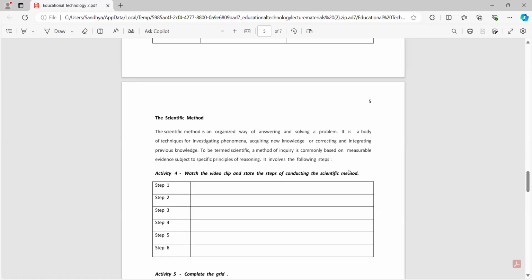Likewise, the scientific method is conducted according to the steps of the scientific method. So, what are those steps of the scientific method? I will get you to watch a video and know the steps of the scientific method, starting with identification of a problem to be solved, and then reading literature about the problem, and then you come to know about the problem better.